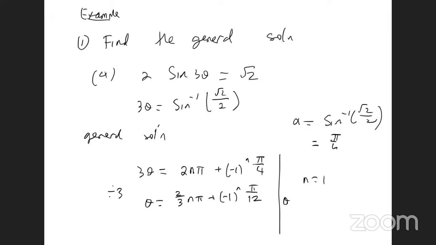You will get theta is equal to pi on 3 minus pi on 12, which is 4 minus 1, 3 pi on 12.